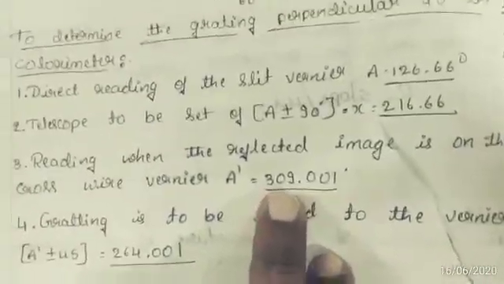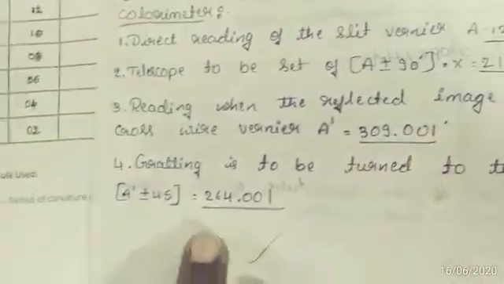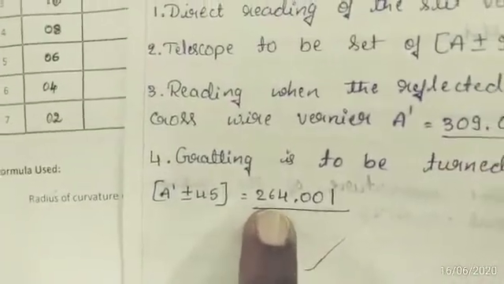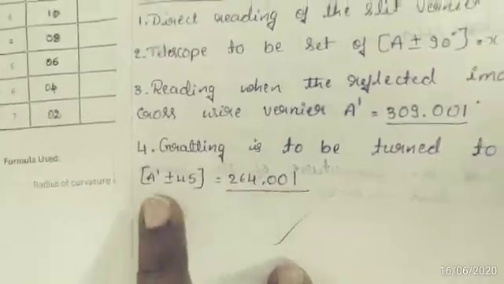I subtracted 45 degrees from 309.001 and got 264.001. That is the fourth step. All above 4 steps are related to making the grating perpendicular to the incident light.